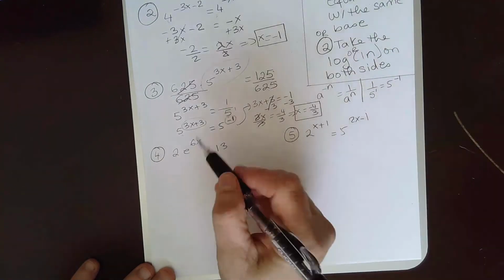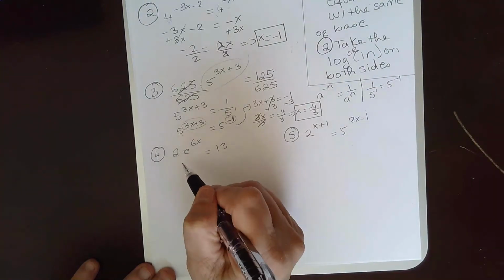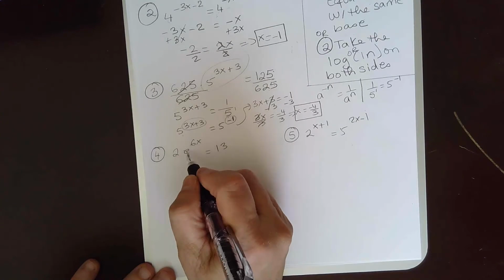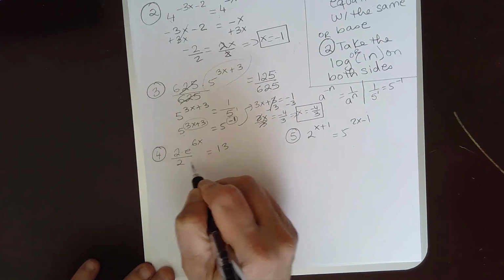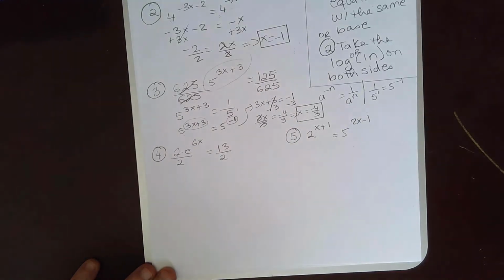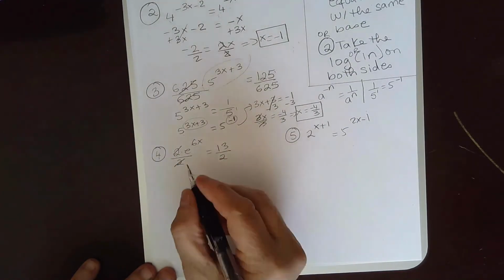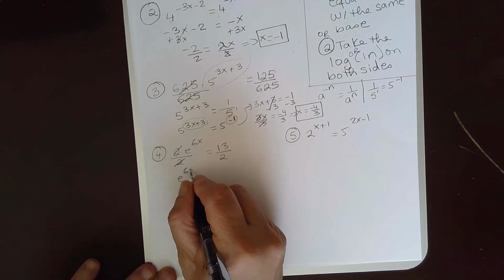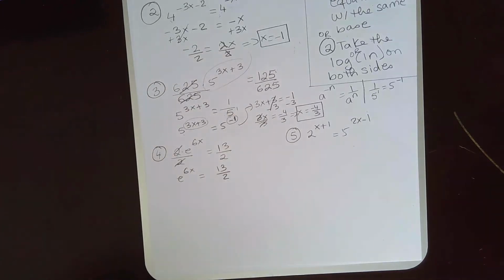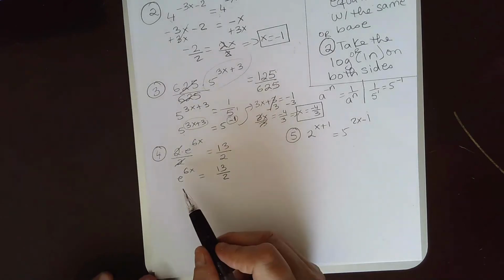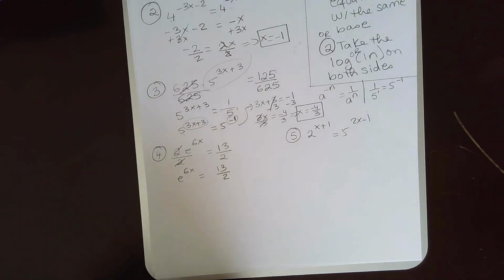Now, before you do that, you need to get rid of the 2. So remember, the exponent has to be separate. So we have to divide by 2 on both sides of the equation. And this cancels out, and we'd be left with e to the 6x equal to 13 over 2. Okay? Now, we have to take the log.